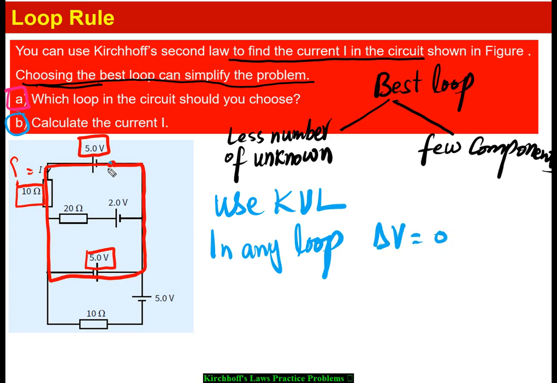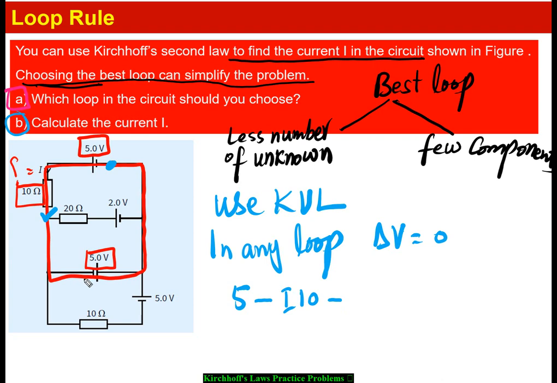So if we take this loop, we start from here. As we go from negative to positive terminal, voltage has to be positive, so 5 volts. Next, as we go in the direction of current, voltage will drop, meaning minus, so we have I and this is the resistance 10.